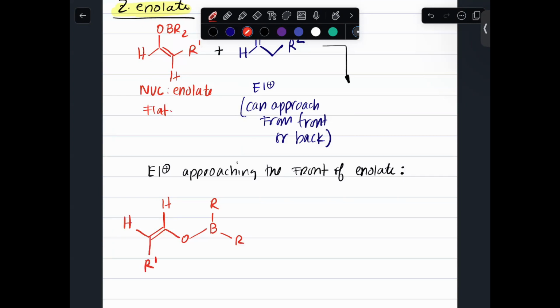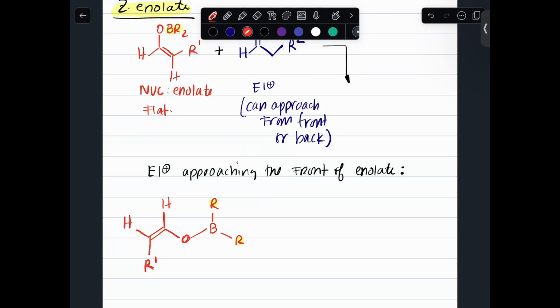Not only have I rotated it, I've also drawn out the bonds from the R group to the boron. But you can still see that it is my Z-enolate. The oxygen and the R1 group are on the same face.